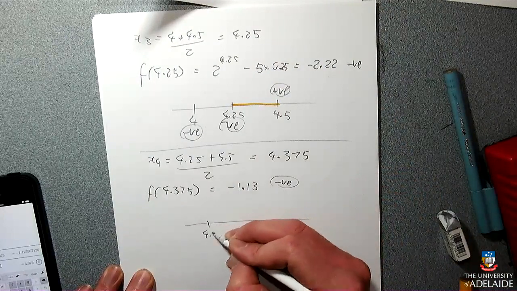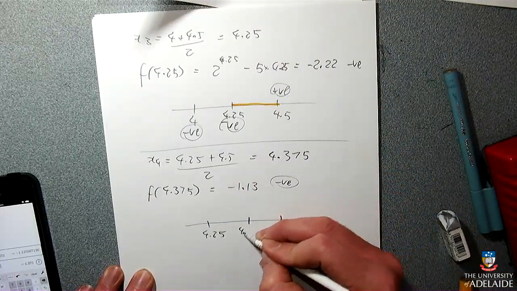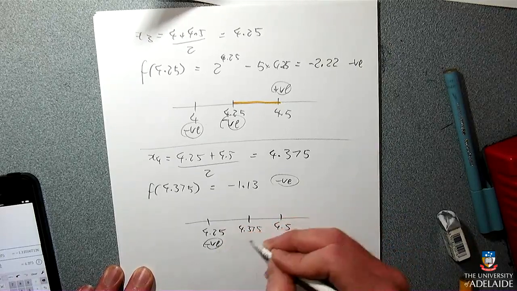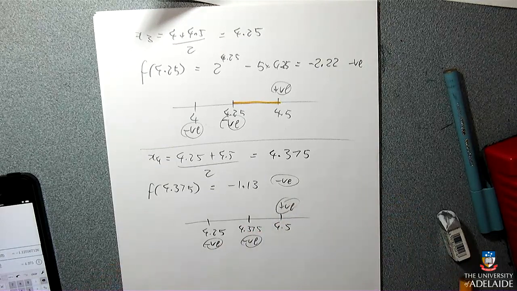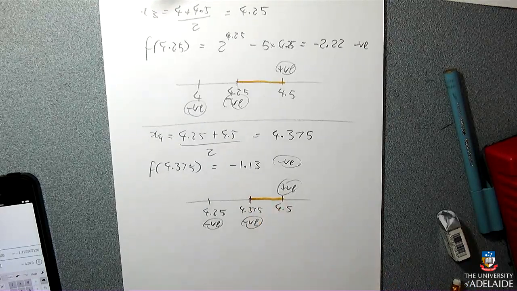So there's my 4.25, there's my 4.5, here's my 4.375. So it must be in here somewhere.